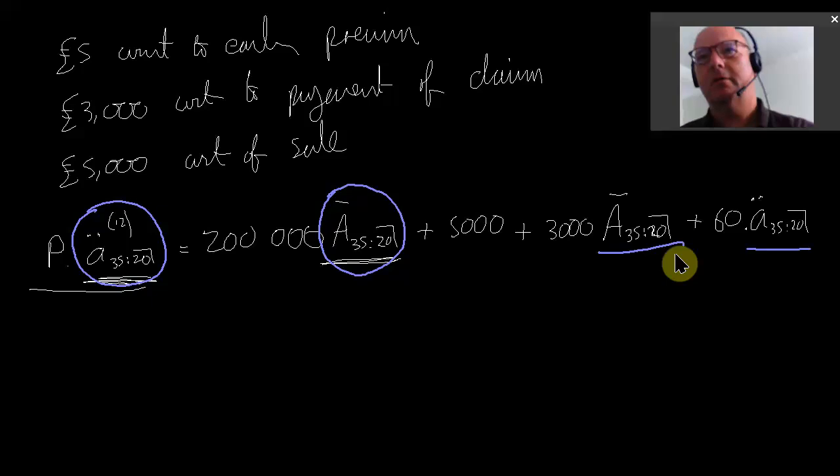All you have to do is multiply by 0.95 there. So 5% of that premium will be profit and 95% will cover the benefits and the costs. It's all just common sense. All you're doing is this equation of value, and you've got these formulas which you now know how to work out. So that is the office premium.